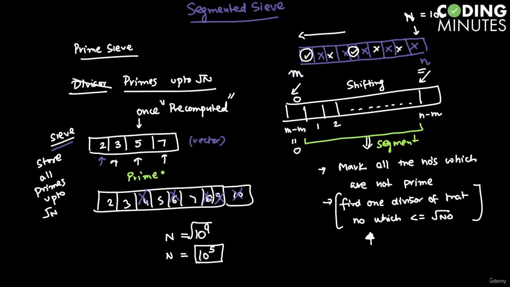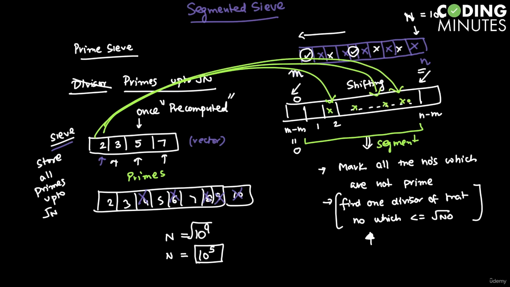So we iterate over the primes and mark the numbers in the segment which are multiples of that prime number as not prime. Finally whatever is left in the segment would be a prime number. This is a very simple idea. The only thing is, this method has brought down the requirement of using a very large memory. Here we are using two arrays.